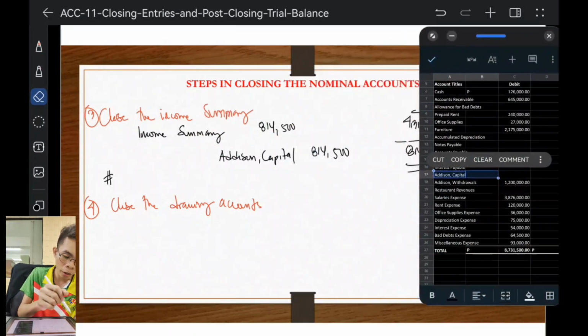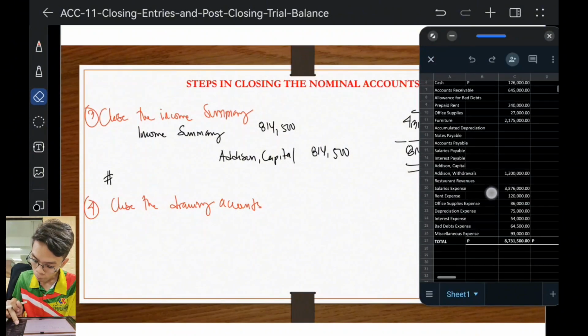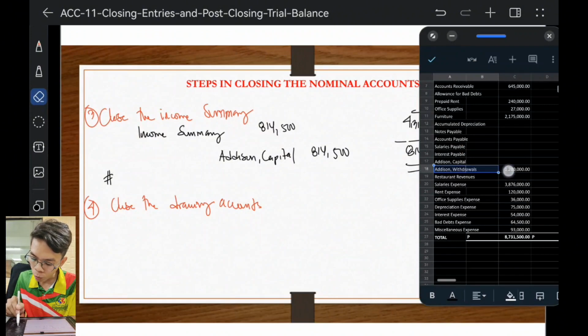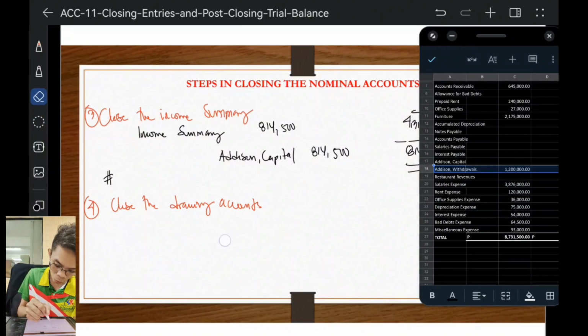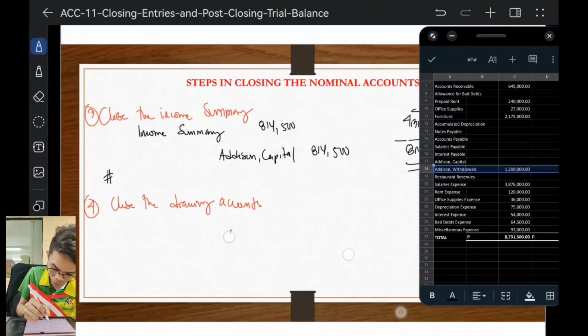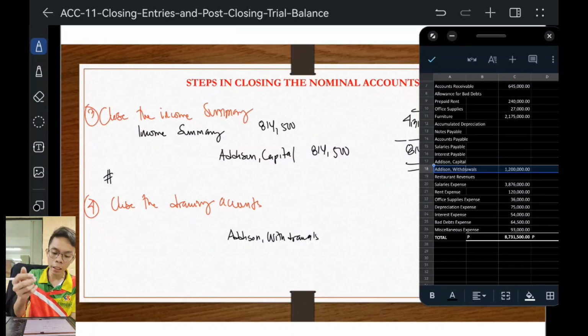So, where is it? Our Addison withdrawal is 1,200,000. So then again, since withdrawals is debit, we are going to credit that one. Addison withdrawal. And then we need to close it to the capital account.